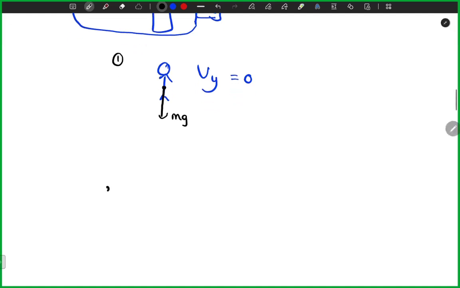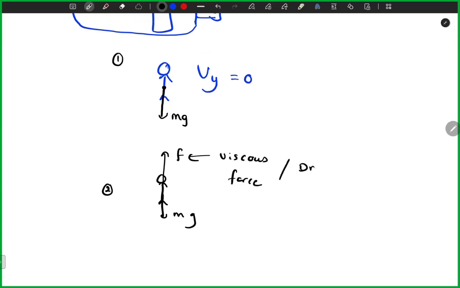So when you think about a situation like 2, what can we say? The viscous force, or the drag force, becomes substantial. It increases with the velocity.